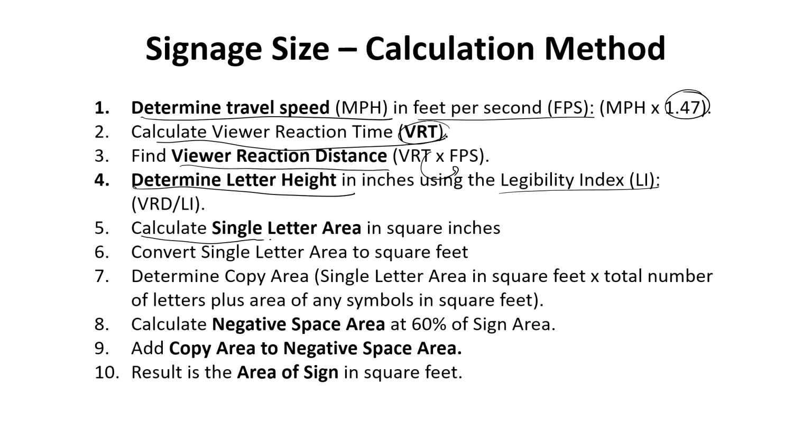With this, we will calculate the single letter area, and if we know what our message is, we will find out the area of the entire words, and then we will determine the copy area. Since the copy area is 40%, we have to take the 60% above, which is the negative area, and after adding we will receive the area of the signage.